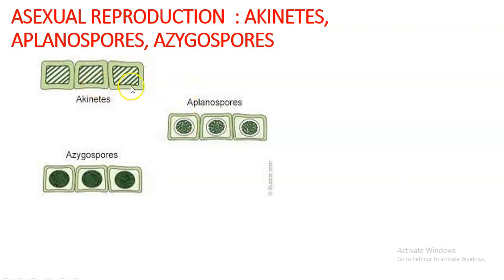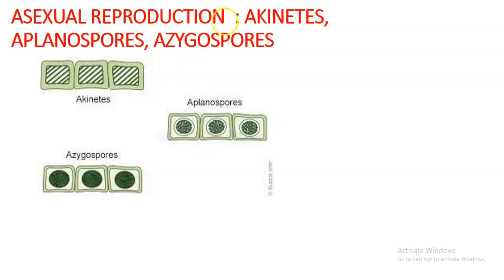Now coming to akinetes. Can you spot one difference between aplanospores and akinetes? Yes, you said it right. In the case of akinetes, the protoplasm is not condensed or rounded off. It lies as such, but the wall will be thick. During akinete formation, the cell will secrete a thick wall around itself to resist very unfavorable conditions like excess drought, when water is not available for germination and for the new thallus to survive.